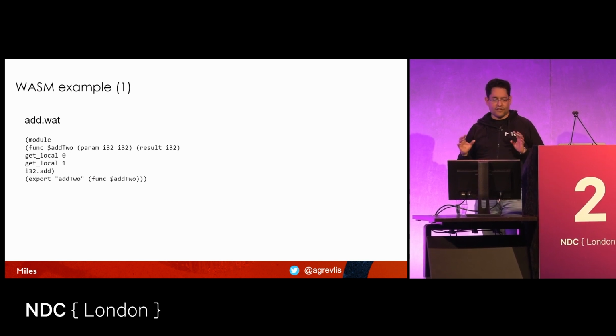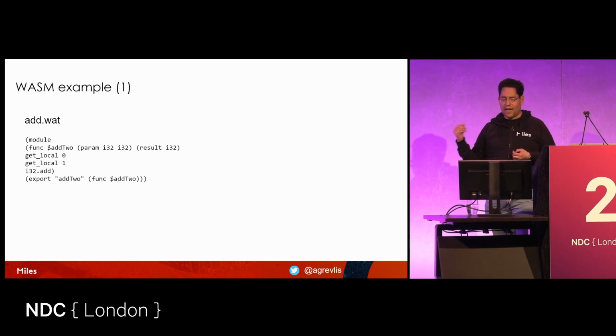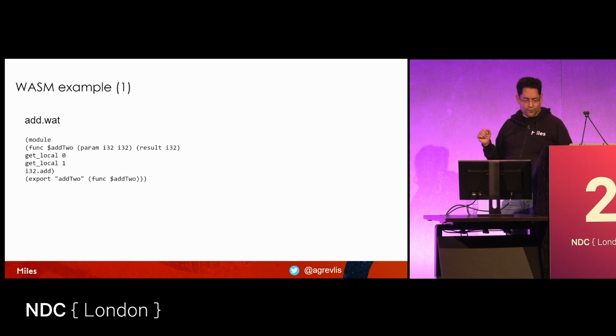You can also use some 60 different mathematical operations. In this case, since we're using 32-bit integers, we used a 32-bit add operation. Finally, we need to define what this function will actually be called. If we have a calling program, that calling program can call add2 because it's exported as add2.